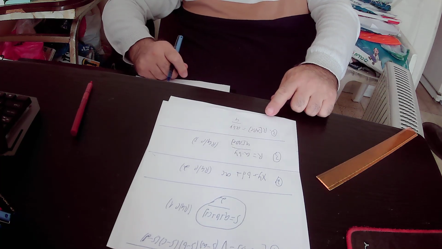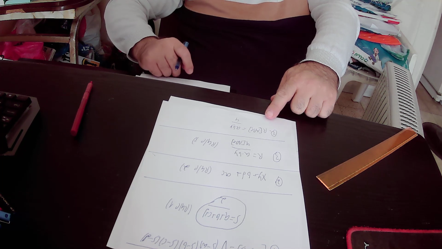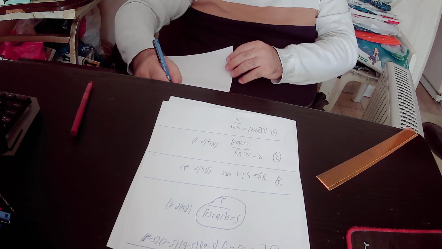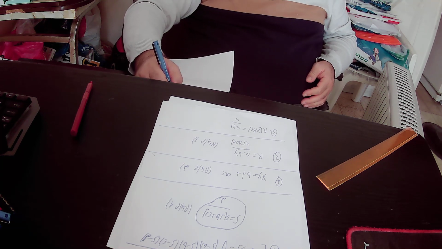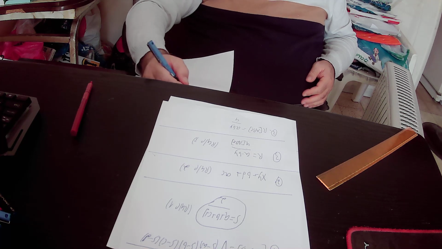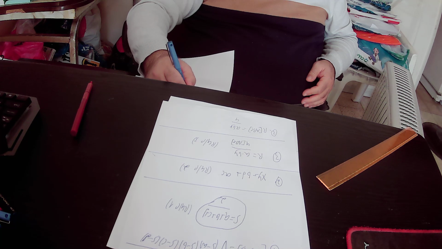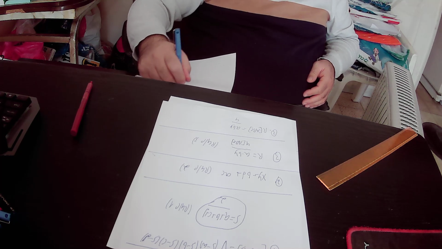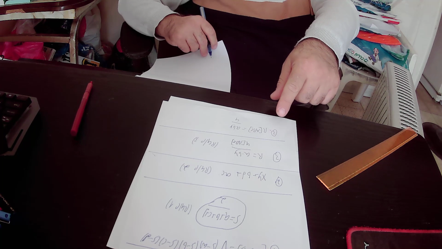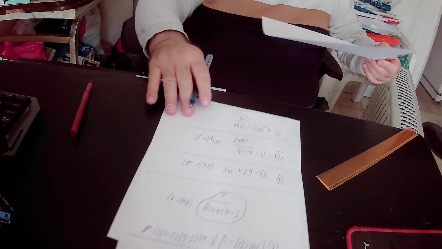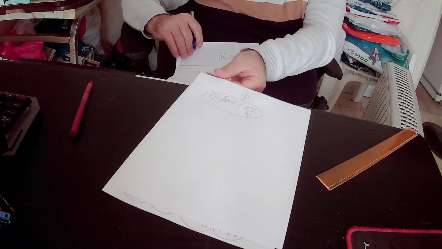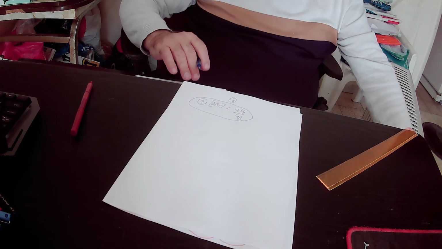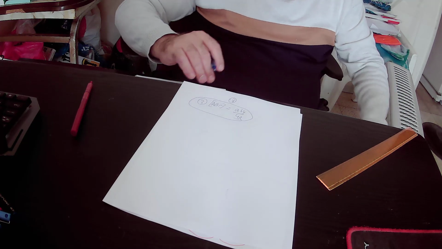Here we will divide equation number 3 by R, and we will get that the area of triangle ABC equals ABY over 4R.